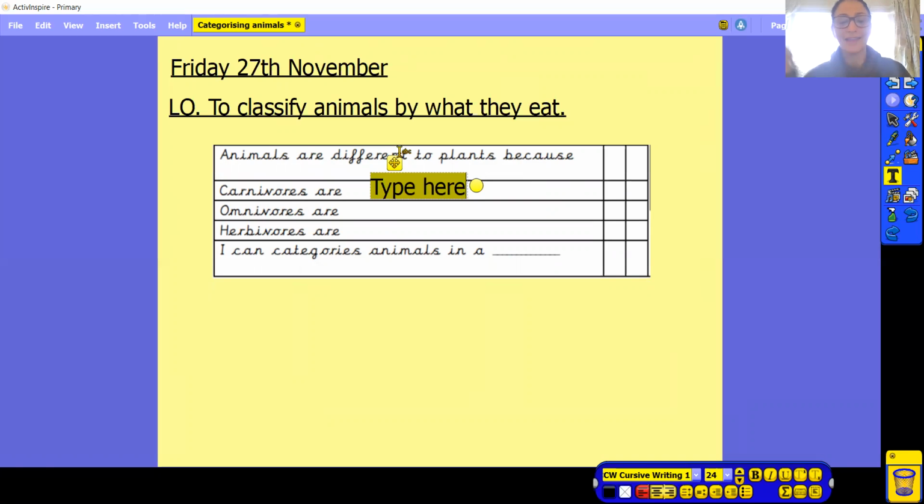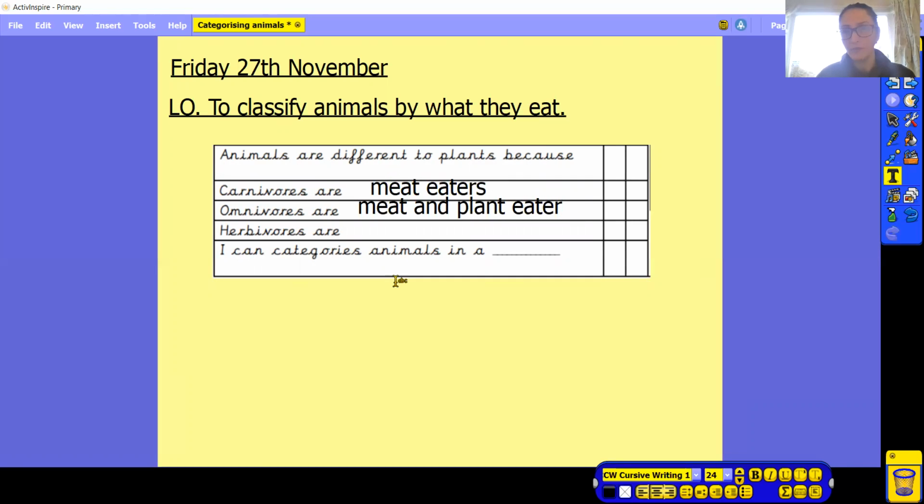Carnivores are, yes, they're meat eaters, okay? So then we've got omnivores are, let's have a think what an omnivore is. An omnivore. An omnivore is a meat and plant eater.